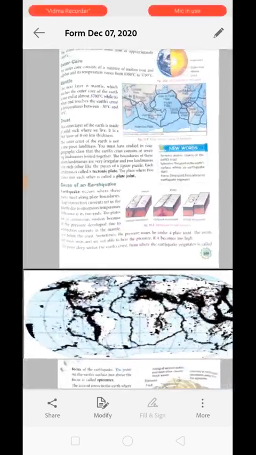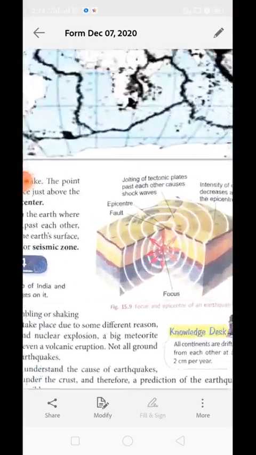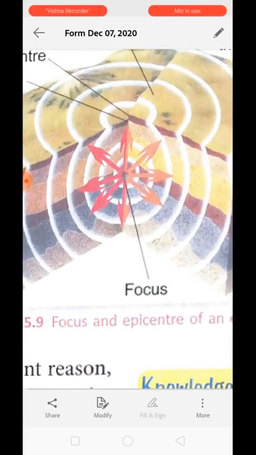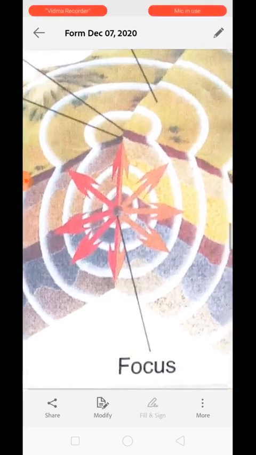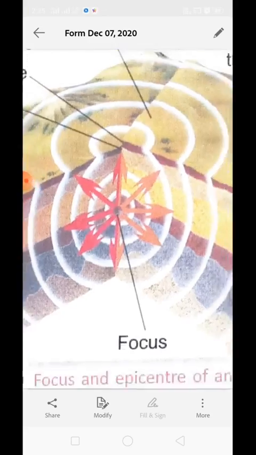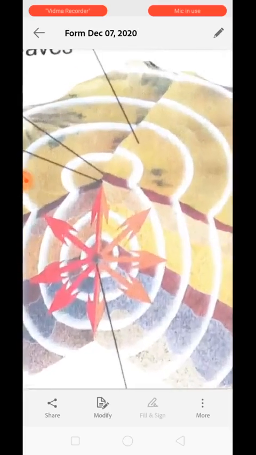Okay, and the point deep within the earth's crust where the earthquake originates is known as the focus of the earthquake. The point where the earthquake initiates or gets started is known as the focus. You can see the earthquake has started and it is spreading into the land area. So obviously the strength of the earthquake is maximum at the central position where it has started.